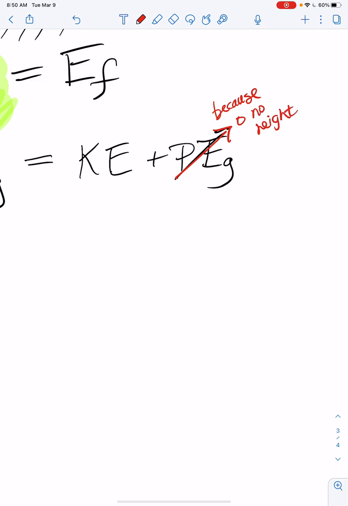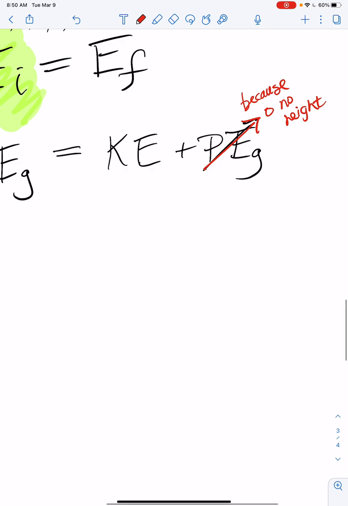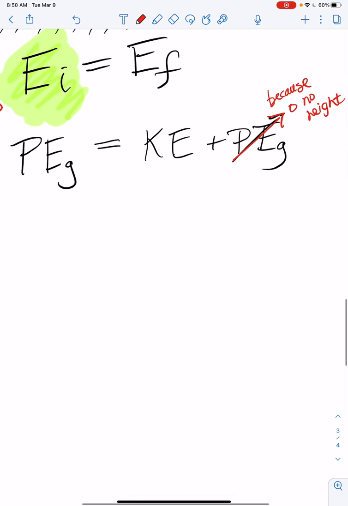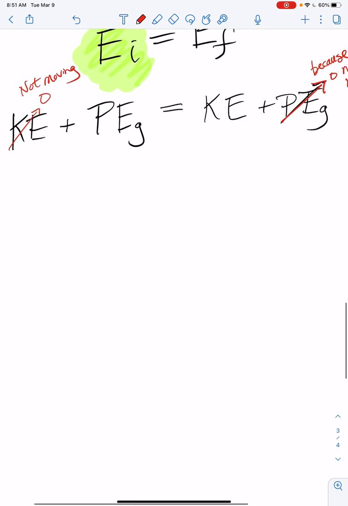You might say, well, there's a little bit of a height because it hasn't hit the ground yet. Yeah, but it's pretty much close to 0, right? It's like taking the limit as the height approaches 0. So it's pretty much 0. All right, so there we have it, and we're left with just this formula right here, which is PE grav is equal to KE.